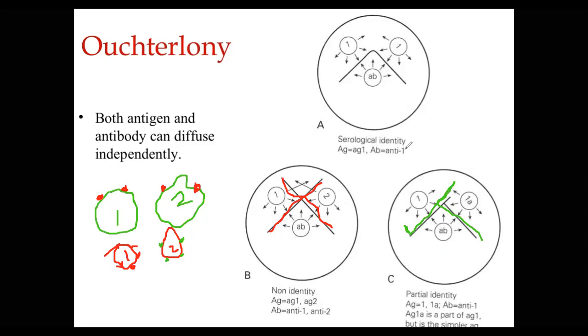If they are not identical, we get this line. If these two antigens are completely identical, then we get this shape. If they are non-identical, we get this cross shape. If only one antigen is a little identical, then we get this shape. So it indicates the identity pattern of antigens.